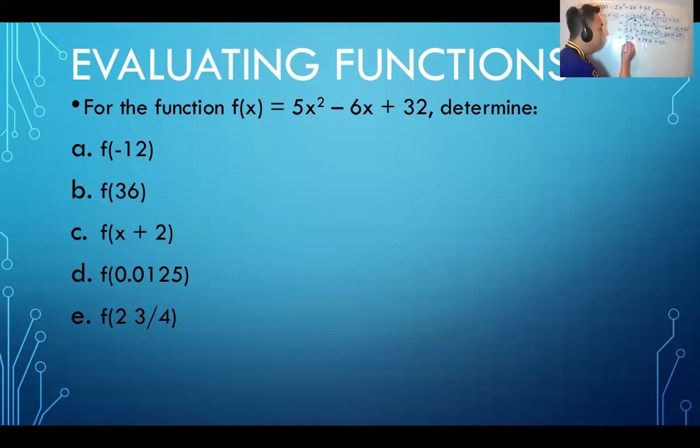If they are different from each other, then this will be our final answer. Got it? So, the function of x plus 2 in this equation is 5x squared plus 14x plus 40.